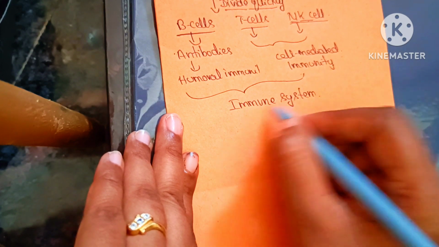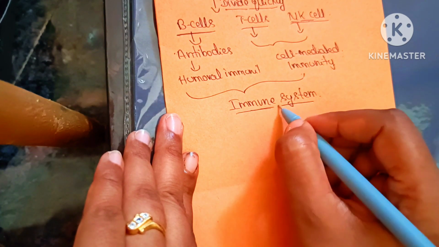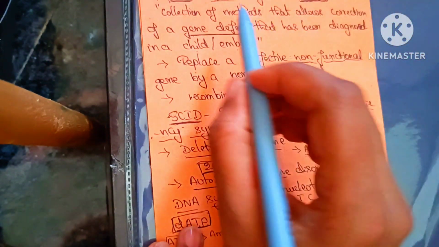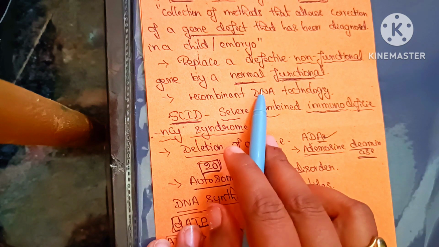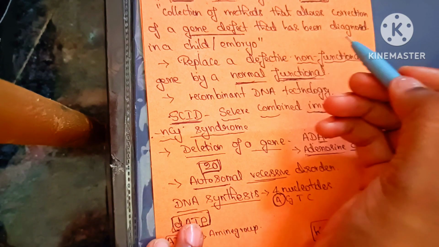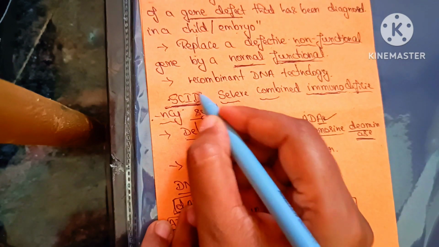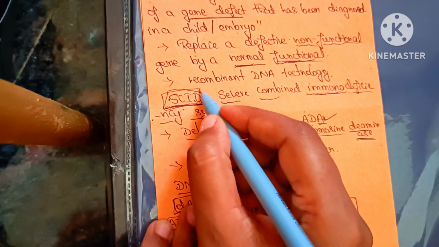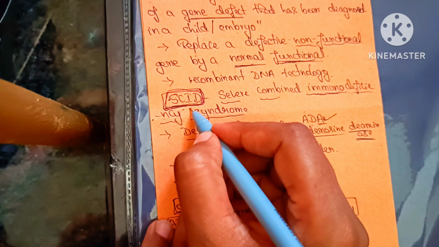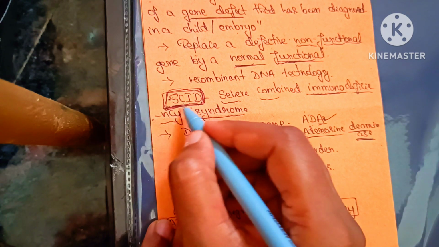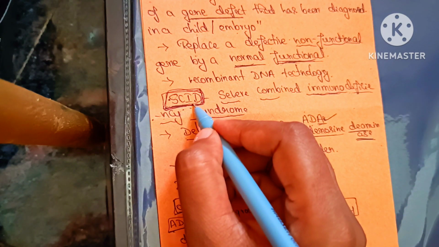So now, it comes to the immune system. Previously, what I told, ADA deficiency will cause malfunctioning of the immune system, and malfunctioning of the immune system will result in a condition, that is SCID, severe combined immunodeficiency syndrome.